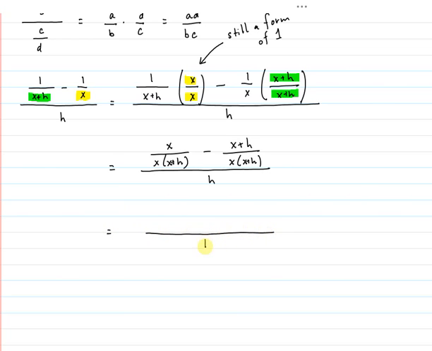I'm not going to do anything with my h for a minute. So now I can combine my numerators. I get x minus h. You have to remember to distribute that minus over the h, all over x times x plus h.